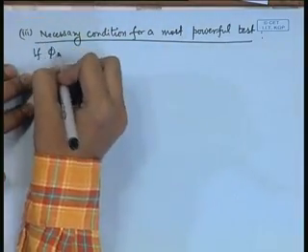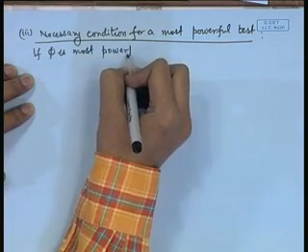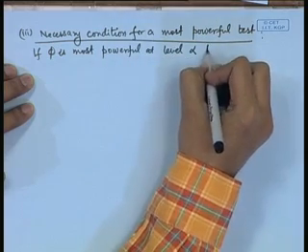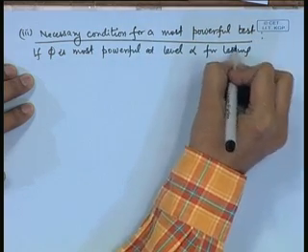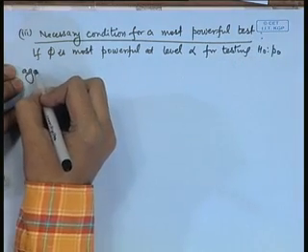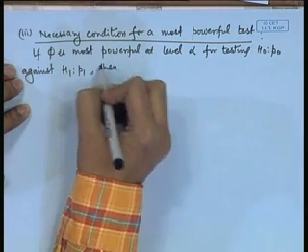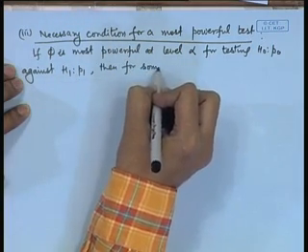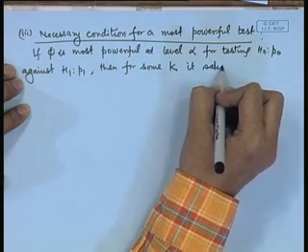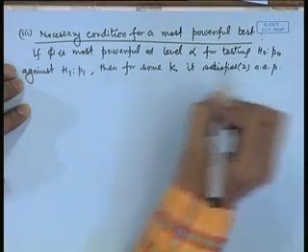If phi is most powerful at level alpha for testing H naught P naught against H 1 P 1, then for some k it satisfies 2 almost everywhere mu.